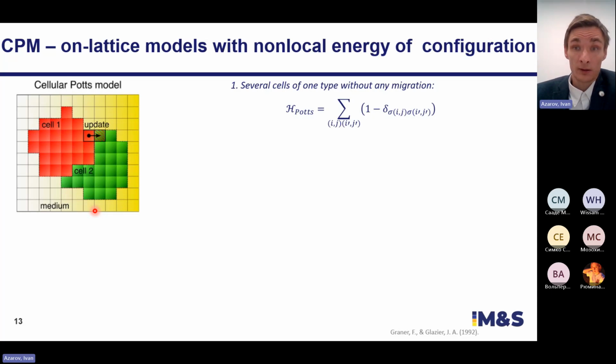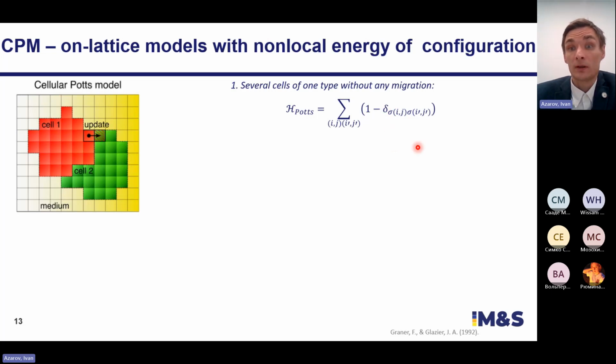And first of all, we have some easiest energy term, the Potts Hamiltonian. And why we use this form of energy with summation of all neighboring sites, and using the Kronecker symbol?